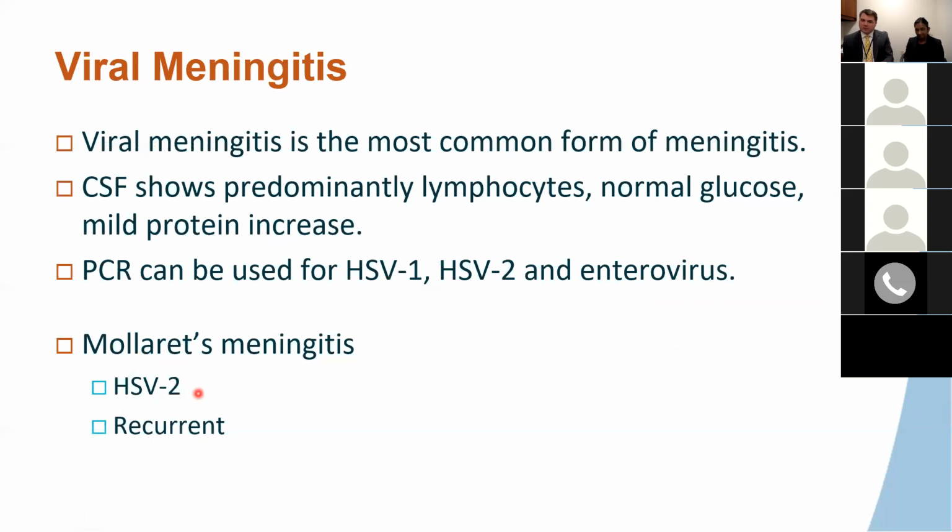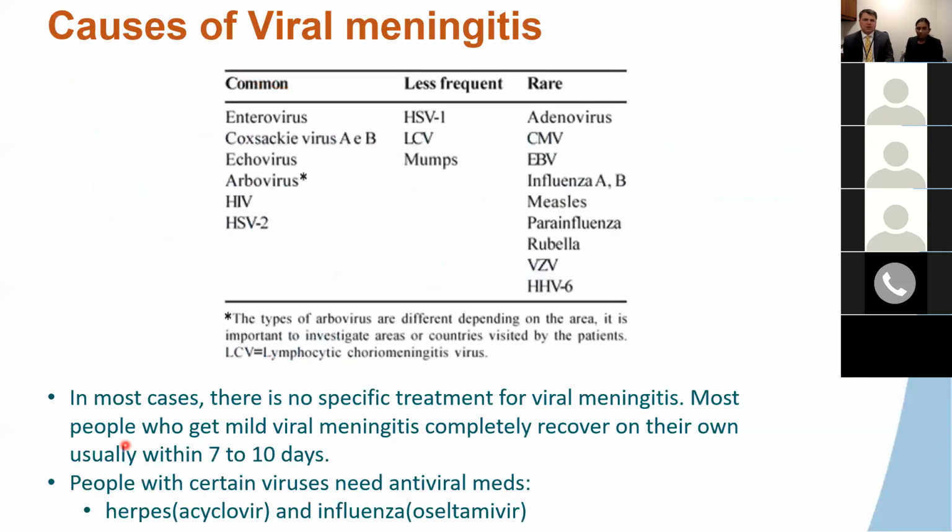You treat them again, and if they have repeated meningitis with HSV2, then it's called Mollaret's meningitis. One of the hospitals I talked to actually had a case like this. And something to remember with Mollaret's meningitis is that it happens in females during their period, where they could have reactivation of the HSV2, and then cause Mollaret meningitis as well.